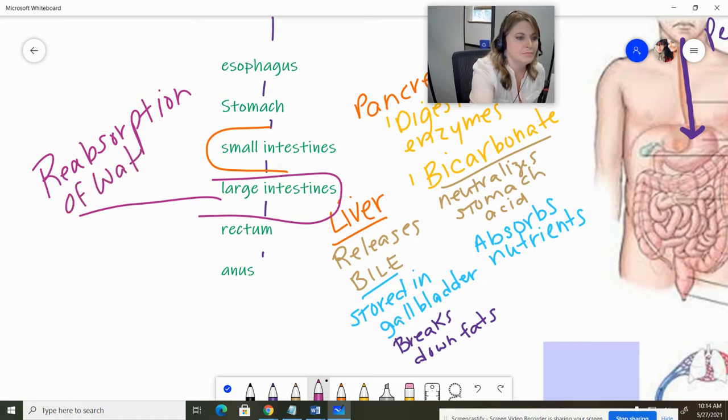At this point, the mixture running through your digestive system is pretty liquidy. We call this stuff chyme. And when it gets into the large intestine, that water gets reabsorbed back into your body.